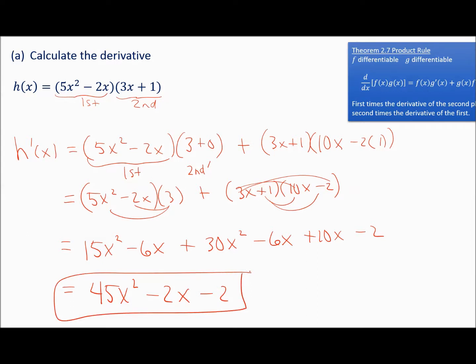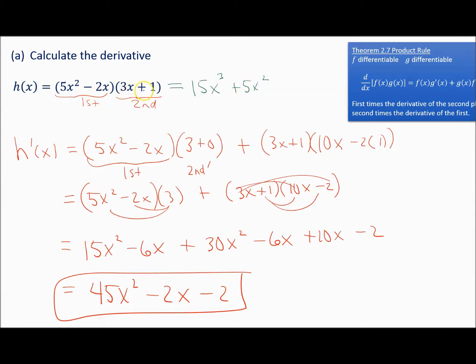Now I do want to show you this problem again though. I want to revisit it because, y'all, we could do this again where we just multiply this out at the beginning. Let me see if I can sneak it on this page. I know it's going to get a little congested, but let's not use the product rule. Let's just FOIL this out. So my original function, 5x squared times 3x, is 15x to the third, right? 5x squared times 1 is plus 5x squared.